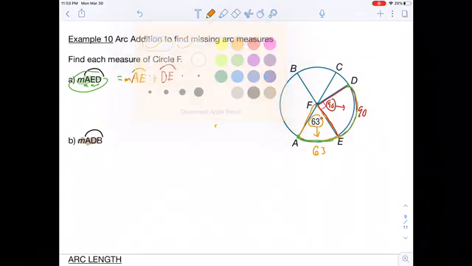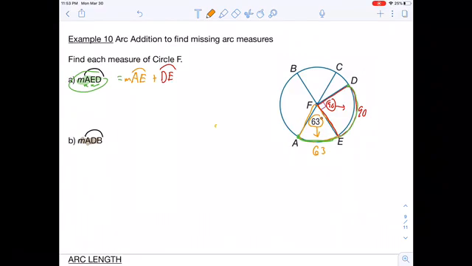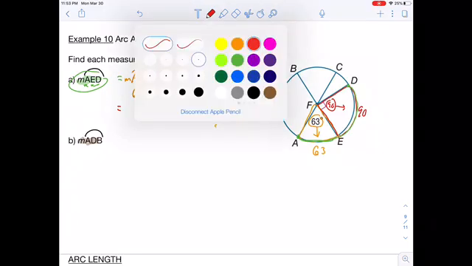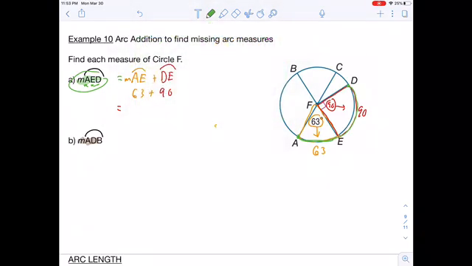So when we add the orange arc of 63 to the red arc of 90 degrees, we're going to get an arc measure of 153 degrees. So the measure of arc AED is 153 degrees.